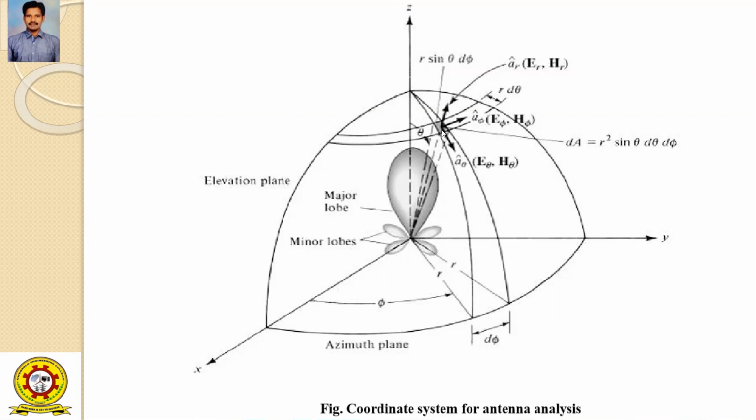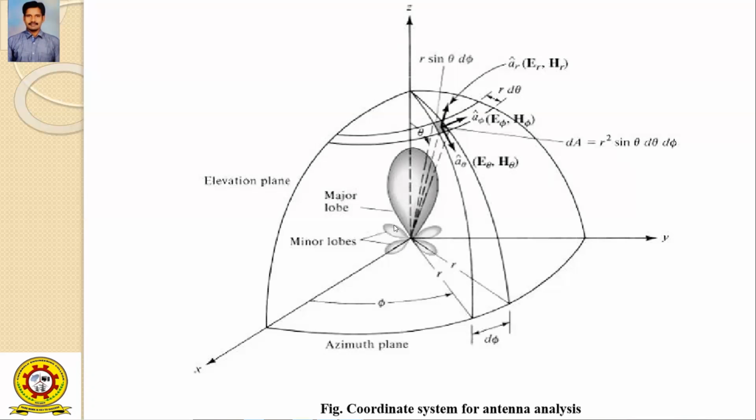At a specific point, the incremental area is dA equal to r square sin theta d theta d phi, the product of the elevation plane and azimuthal plane elements. At the origin, where the radiation focuses along the perpendicular axis, that is the major lobe; other than the major lobe, the rest are called minor lobes.